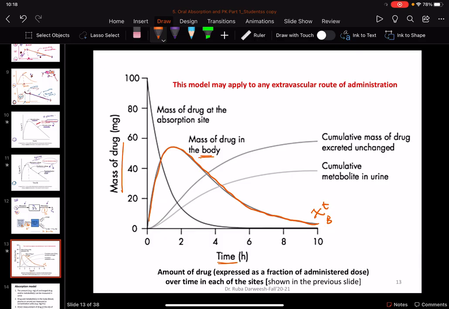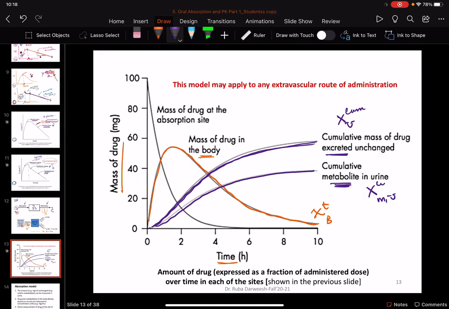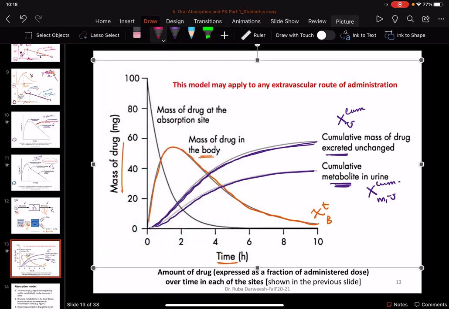When we are talking about the cumulative amount excreted unchanged, it's similar in shape. The metabolite is also excreted in the urine. So this will be the cumulative amount of the drug excreted in the urine at certain time, and the cumulative amount of the metabolite excreted in the urine.